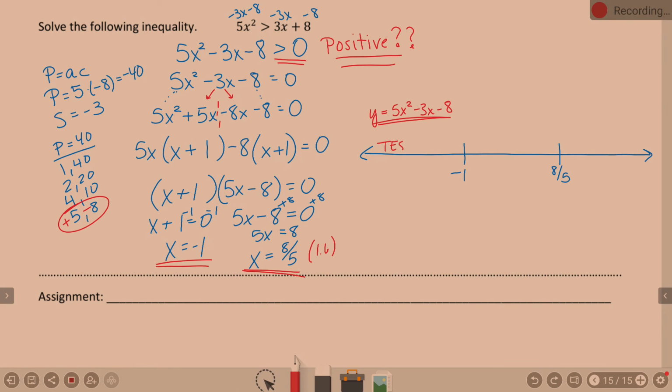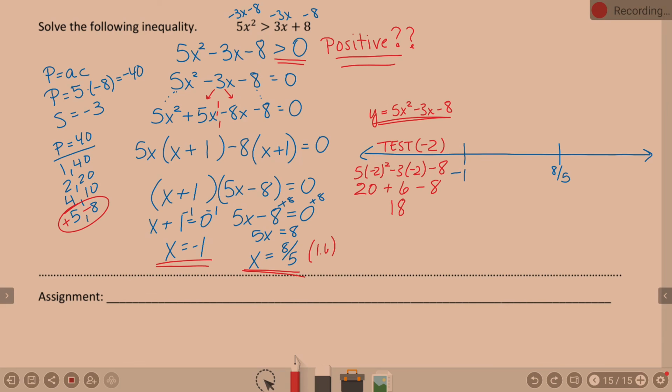If I test -2: 5 times -2 squared minus 3 times -2 minus 8. -2 squared is 4, and 4 times 5 is 20. Minus 3 times -2 is plus 6, minus 8. So 20 plus 6 minus 8, 18?